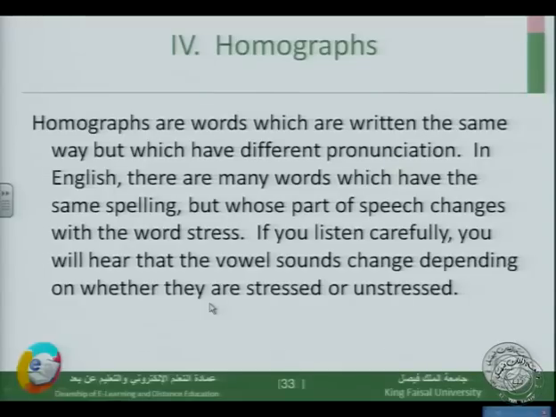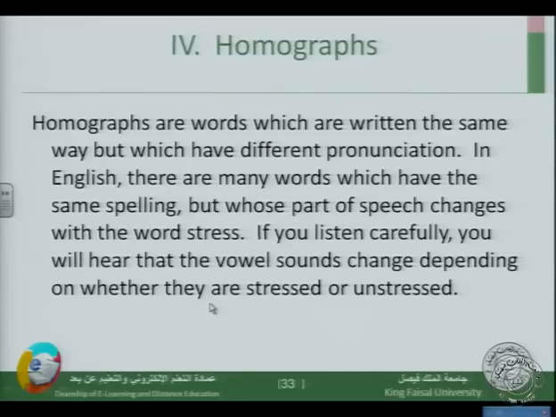How about homographs? Homographs are words which are written the same way but which have different pronunciations. We talked about this with the word present. In English there are many words which have the same spelling but whose part of speech changes with the word stress. Notice, part of speech means it can become an adjective, a noun, or a verb depending on the stress, and this is what we took with the word present.